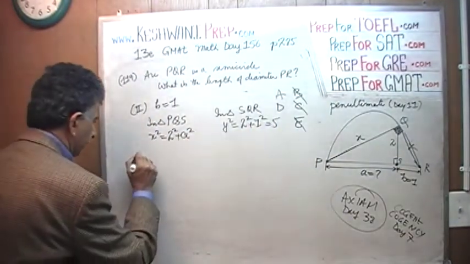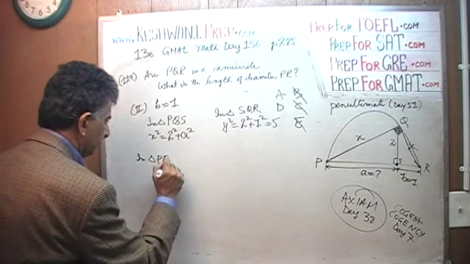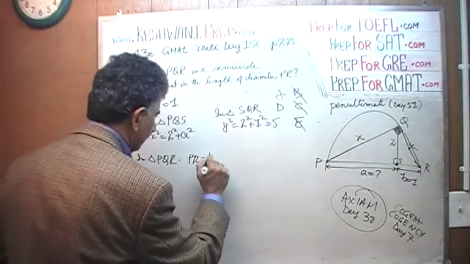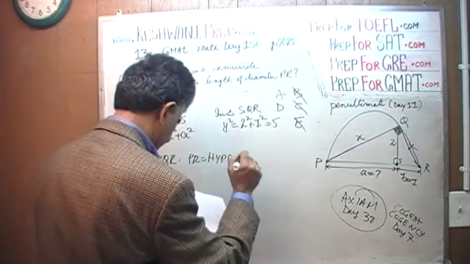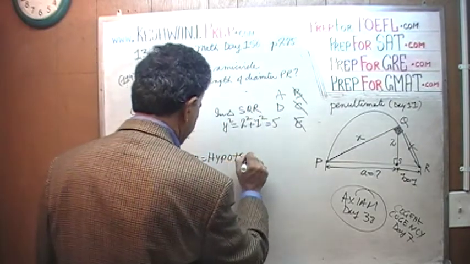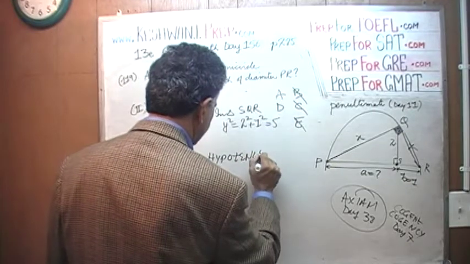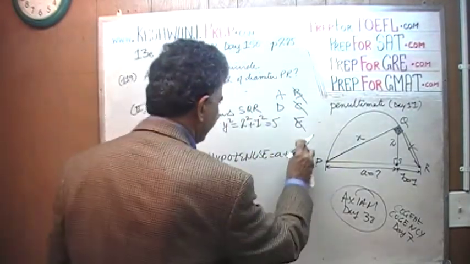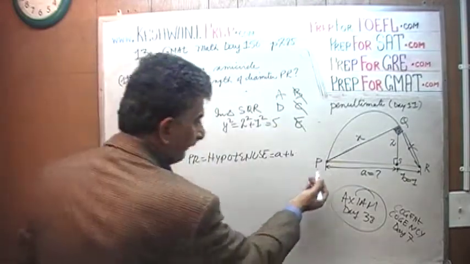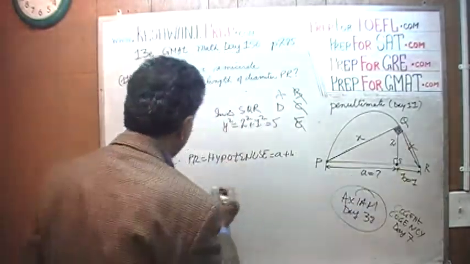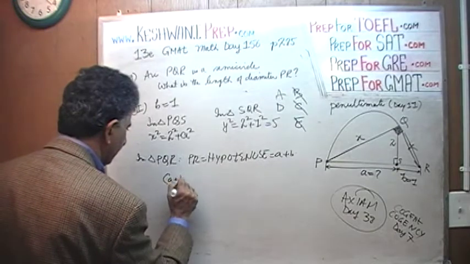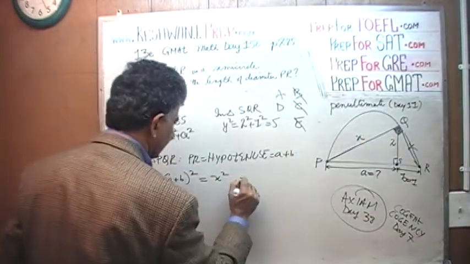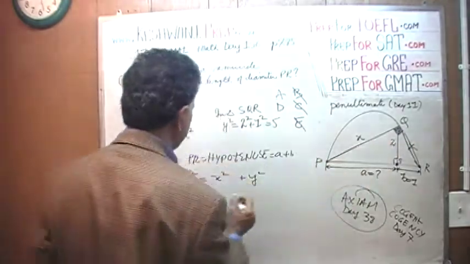Finally, in triangle PQR, again P to R is the hypotenuse, which equals a plus b. So therefore, this side, the hypotenuse, because it's facing 90 degrees, a plus b whole squared would have to equal x squared plus y squared.